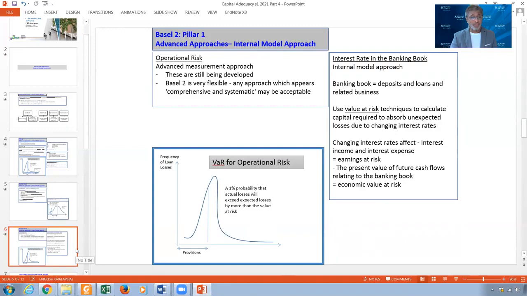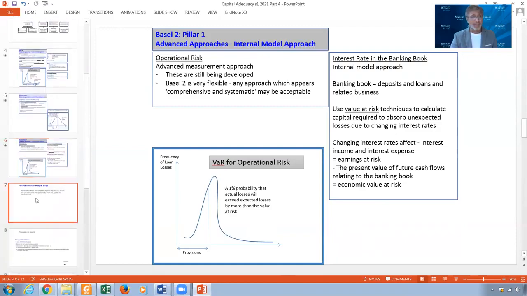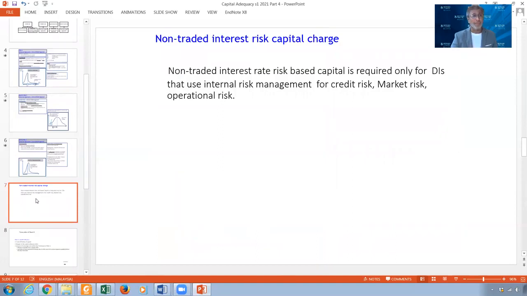As you can see, all of this needs data and expertise, and big banks can do that. We also have non-traded interest rate risk-based capital charges, which is for the assets in the banking book.